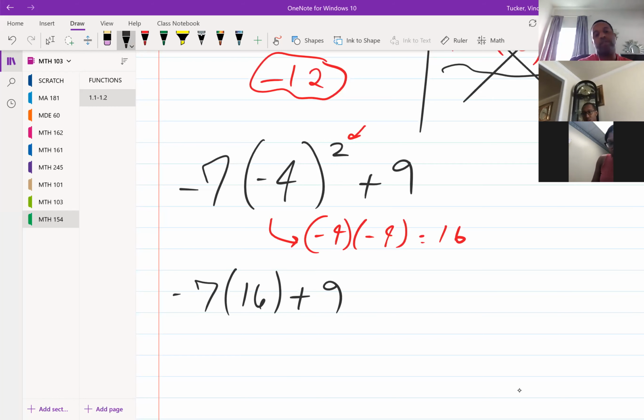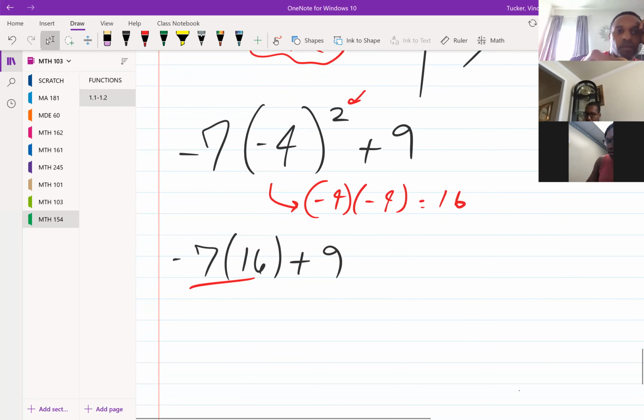Then we have negative 7 times 16. So 7 times 6 is 42, carry a 4. So that'll be 112.